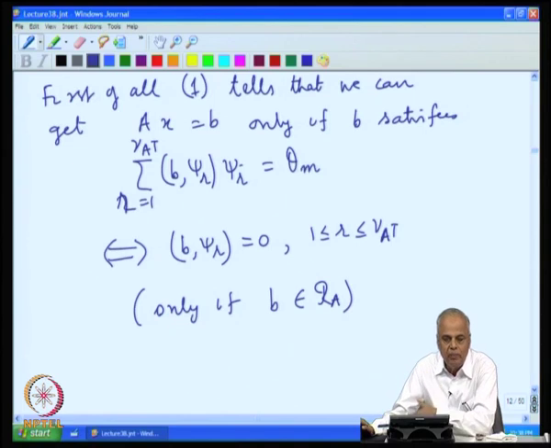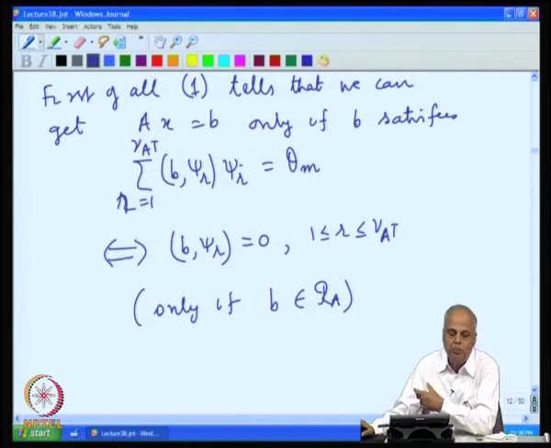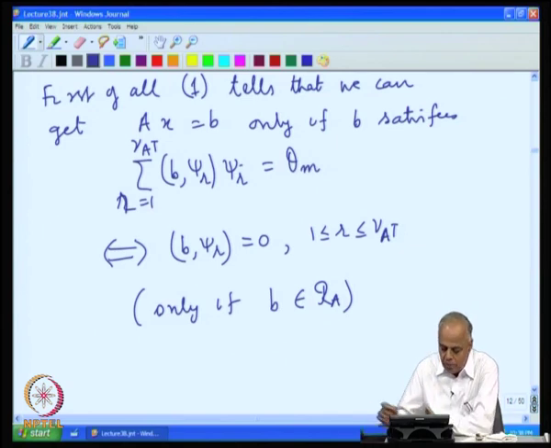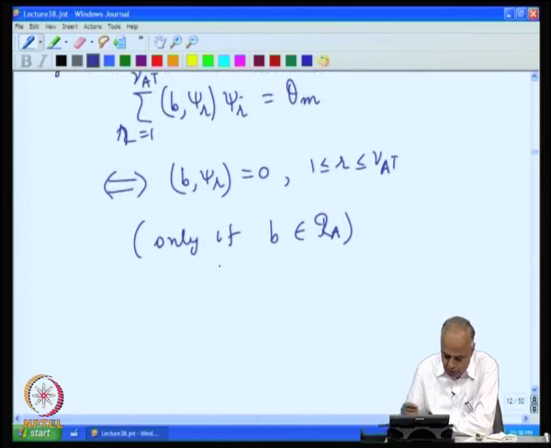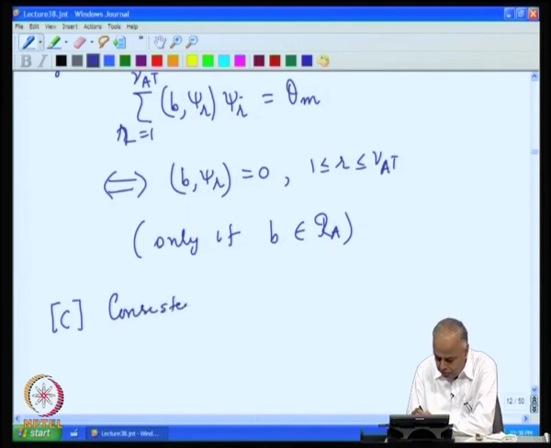B must be in the range of A, B must therefore be perpendicular to the null space of A transpose, and therefore it must be perpendicular to any basis, in particular to the orthonormal basis that we have chosen. This we will call the consistency condition.